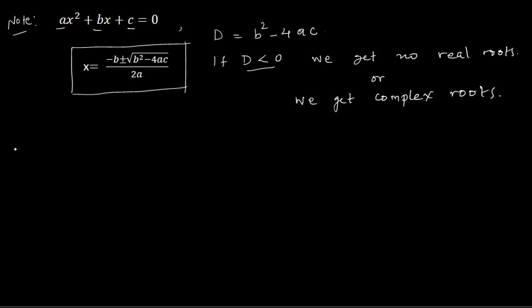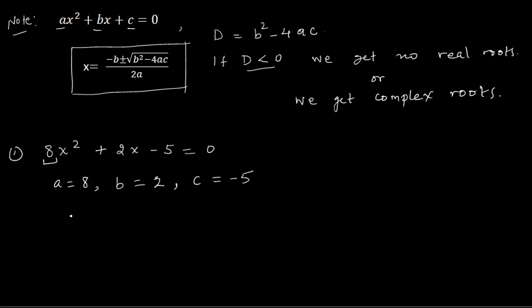Suppose we are factorizing 8x square plus 2x minus 5 equals 0. So compare this equation with the standard quadratic equation. A is 8, B is 2, and C is negative 5.